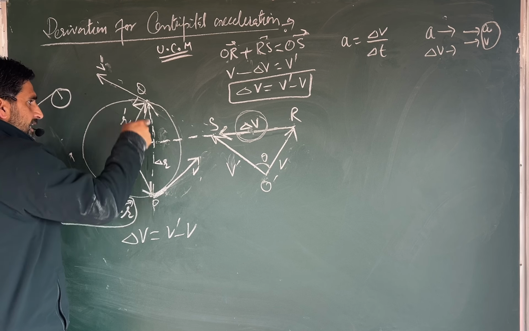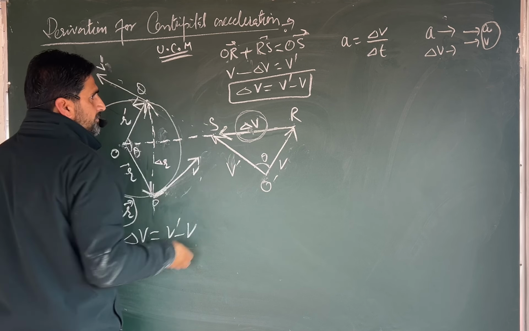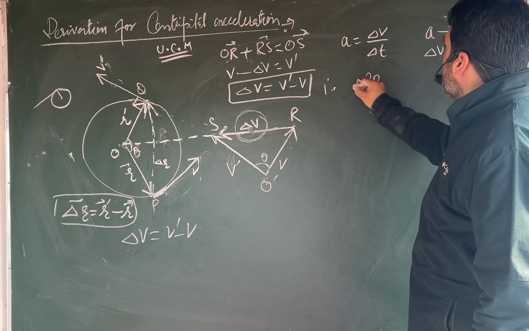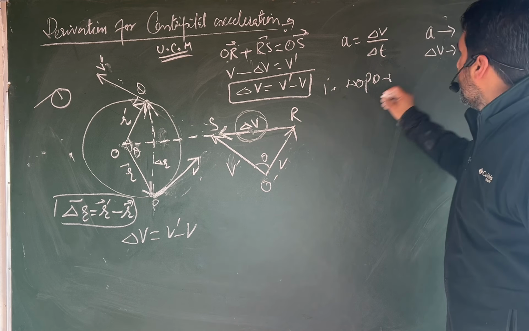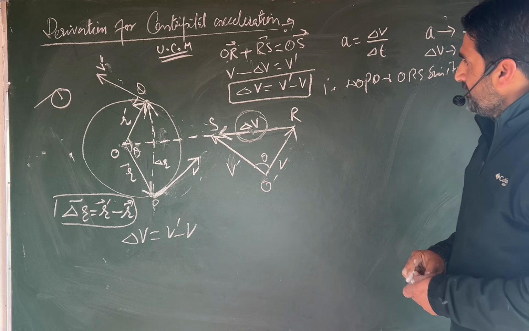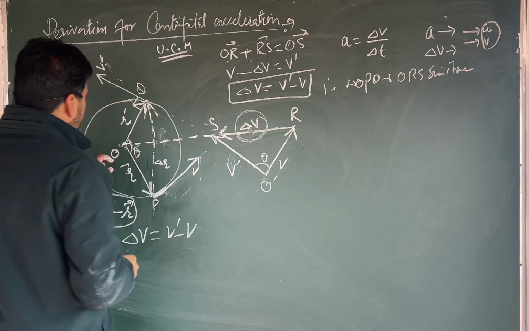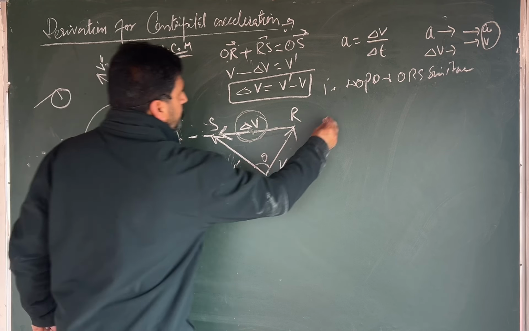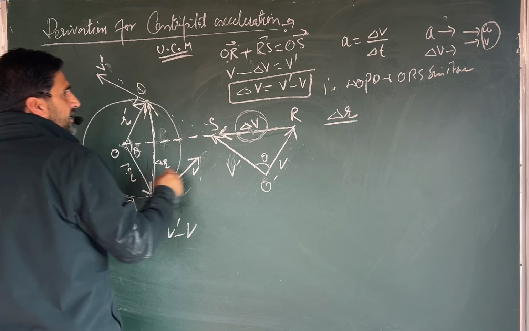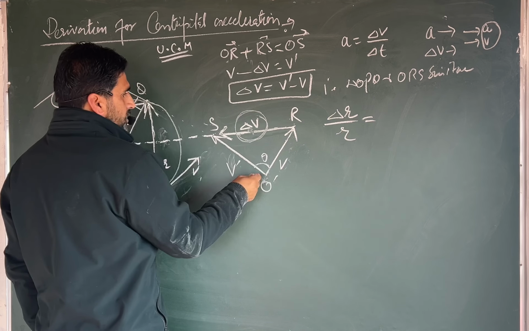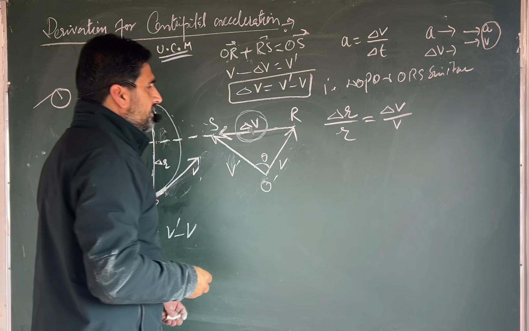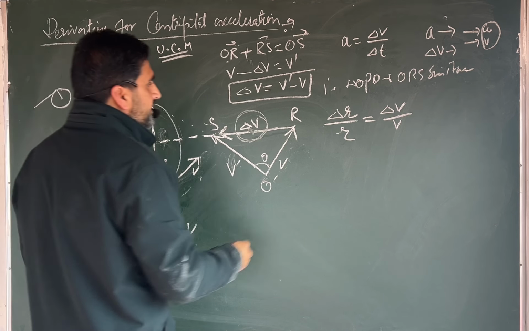These two triangles are similar. That means which triangles? OPQ and ORS are similar triangles. Using the similarity law, you can write delta R by R. Sides are proportional, so you can take this side divided by this side.